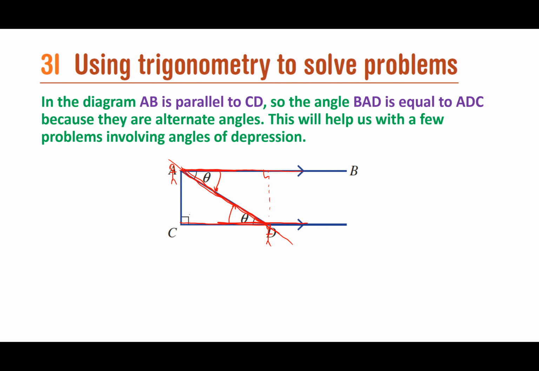And remember, if we have a Z-shaped thing, then this part here and this part here are equal because of alternate angles. Okay, so those alternate angles are what makes this fact true. The fact that your friend has to look up the same amount of degrees that you have to look down at him or her.